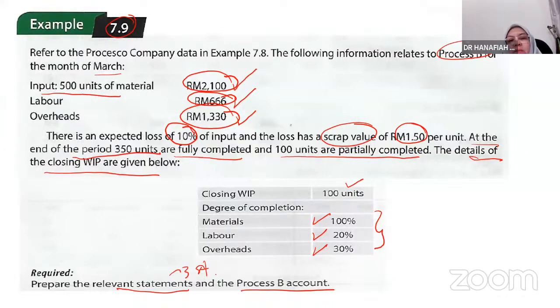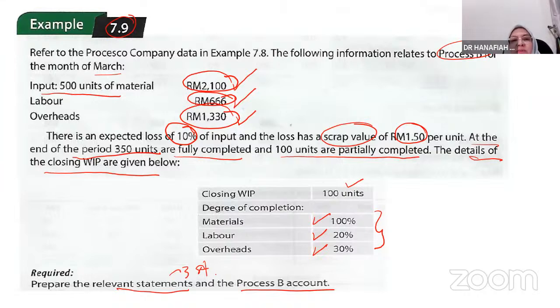You need to identify the opening work in progress. When you have completed this topic, you need to know the opening work in progress. In order for you to decide which method you use for opening work in progress, whether it is FIFO or weighted average, you have to decide when you prepare the statement.